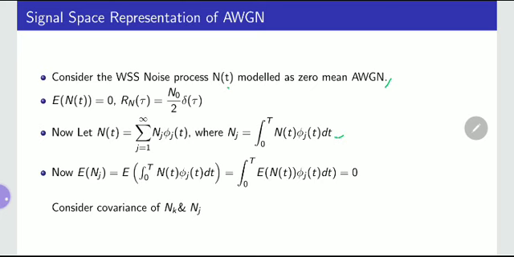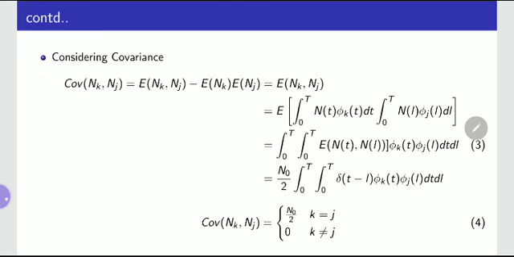Now we will find the covariance of nk and nj, the two coefficients. Covariance is E of nk nj minus E of nk into E of nj. The second term is 0 because E of nk and E of nj are 0. So it is E of nk nj. We substitute for nk and nj and arrange the integral and the expectation.